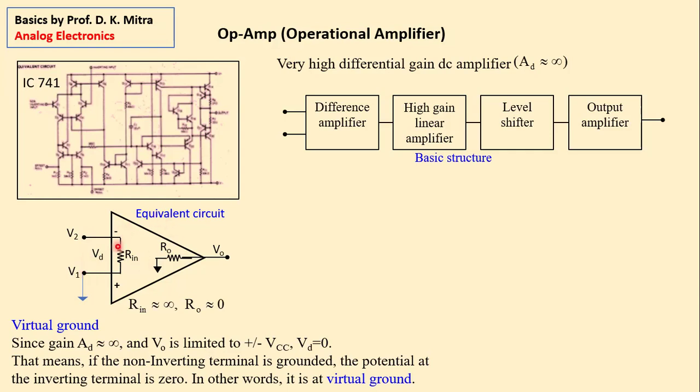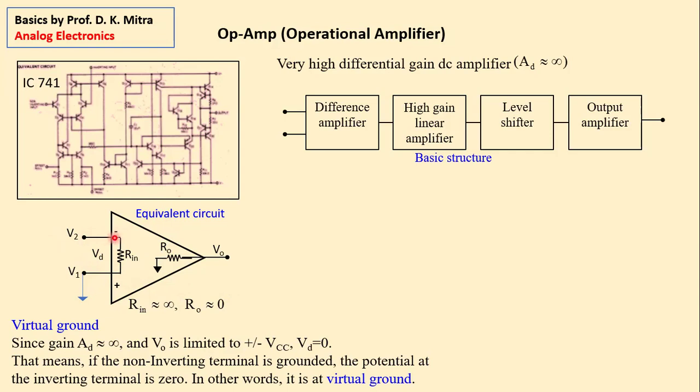This particular feature of operational amplifier, that if positive input is grounded, the negative input also appears to be grounded electrically, although you have not physically connected it to ground. It will be physically at 0 volt. If this is at 0 volt, this also will be at 0 volt.